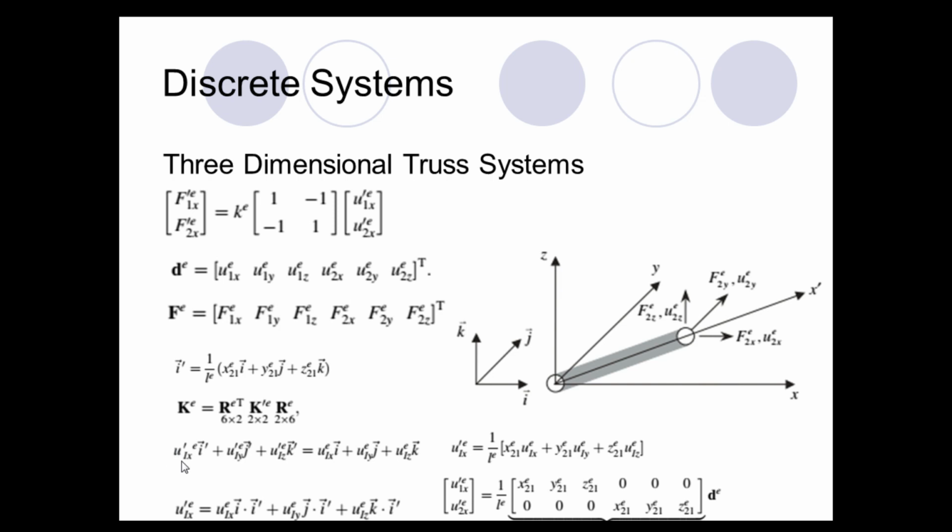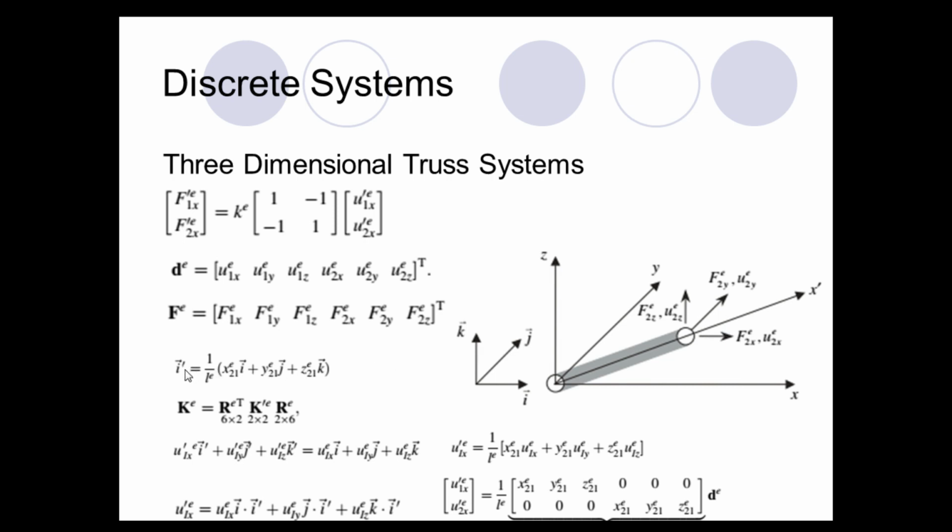Because we can write the displacement along the truss element as u1 prime x i prime, u1 prime y j prime, u1 prime z k prime. So this is the displacement in the element coordinate system.